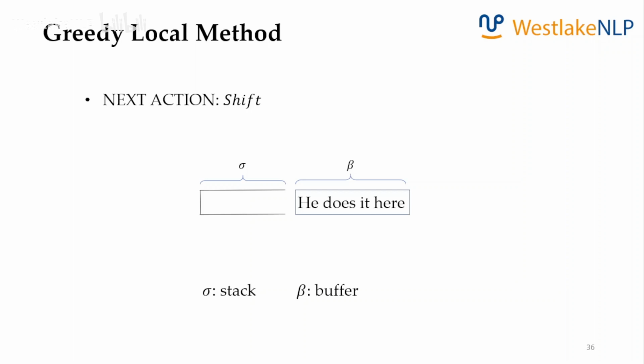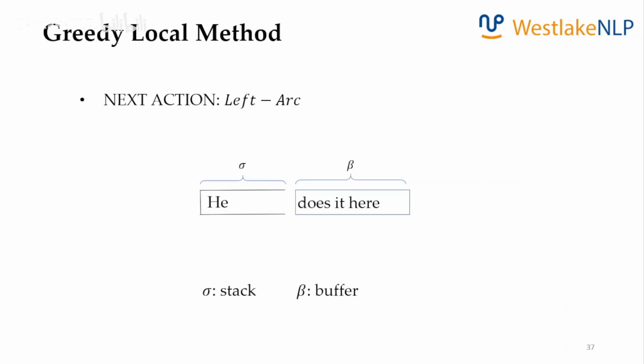The process can be like this. Initial state, sigma is empty, beta has the full sentence. First action, we do classification. And suppose that we did shift, right? And we got a new state. He is on the stack. The rest are on the buffer. And now we need to differentiate between different actions. We might do left arc.